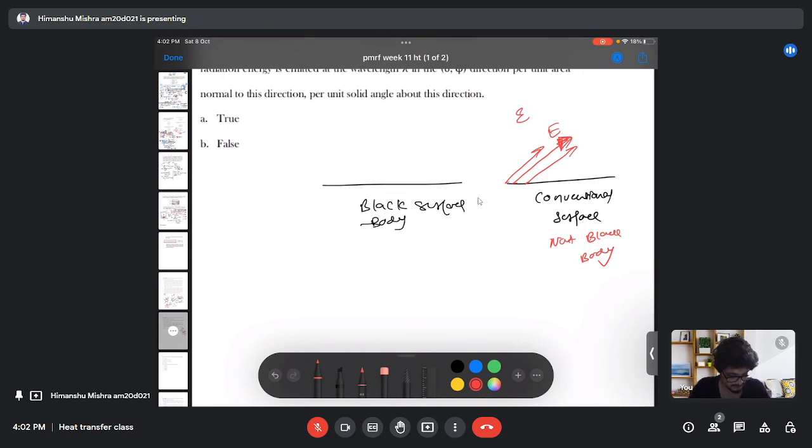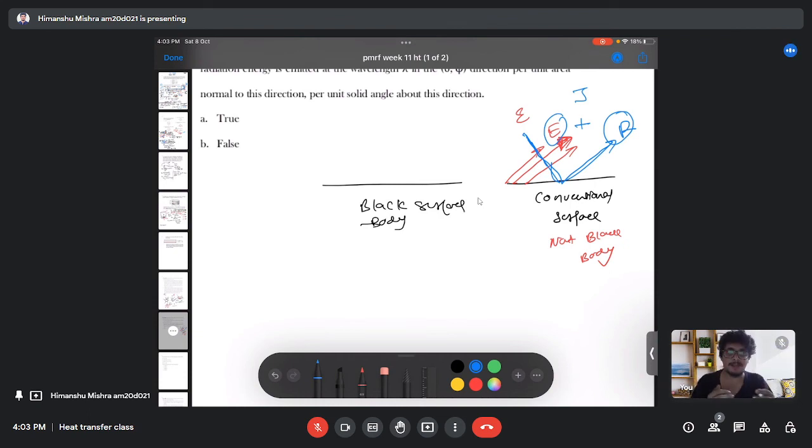Now the radiation can also go out after reflecting some part of the irradiation. So let's say this is my R. There is a radiation which hits the surface, and after hitting it reflects back some amount of radiation. So this is my radiosity. It contains the radiation emitted from the surface and also the reflected part of the radiation coming out from the surface.